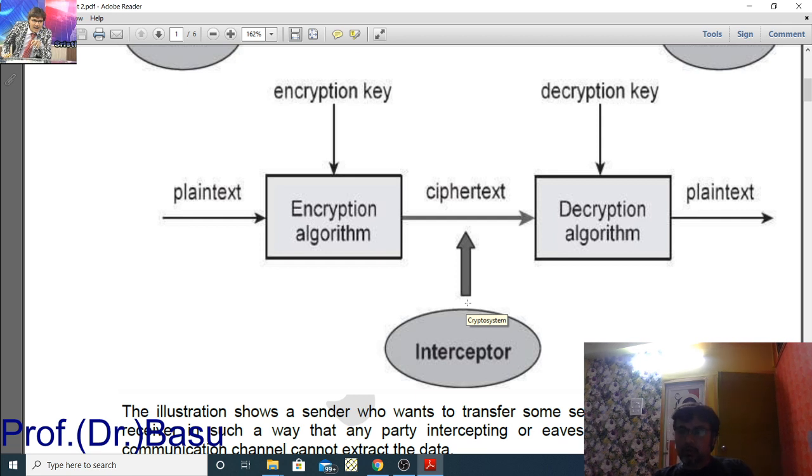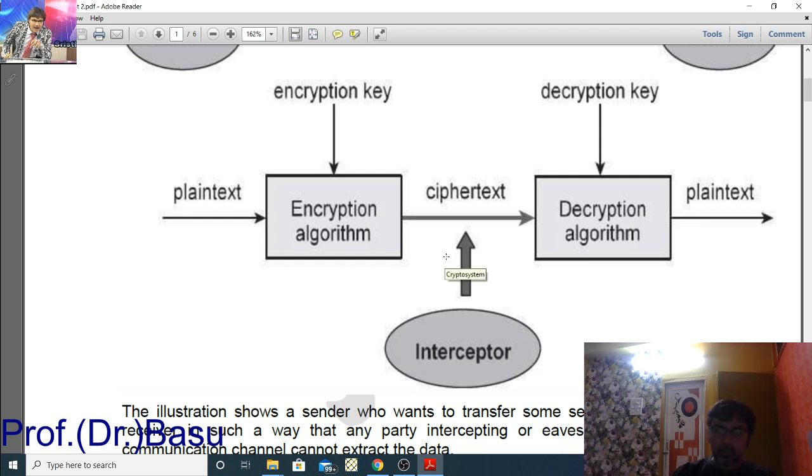the receiver just does the inversion of this, the opposite of this. It decrypts the encrypted message with a key and gets the plain text. And the challenge of this cryptosystem is that we have to avoid hacking by the interceptors.